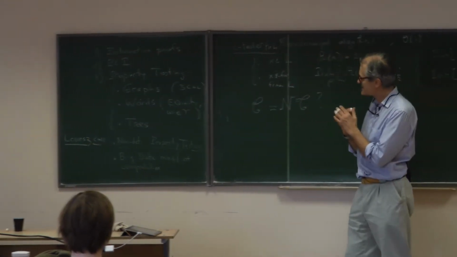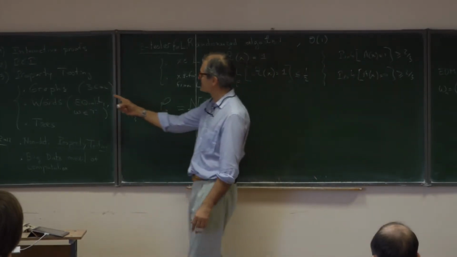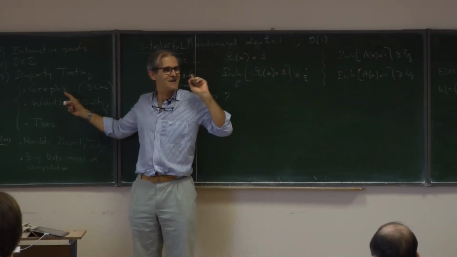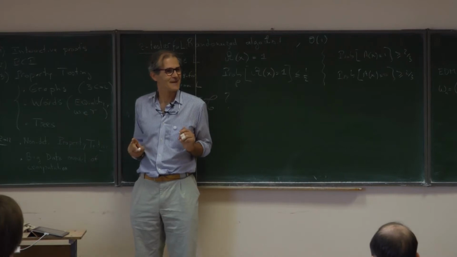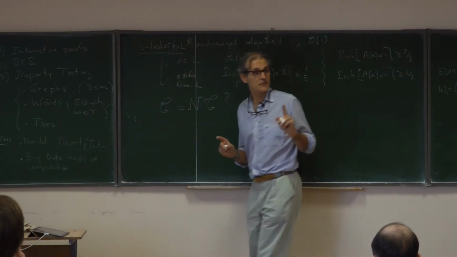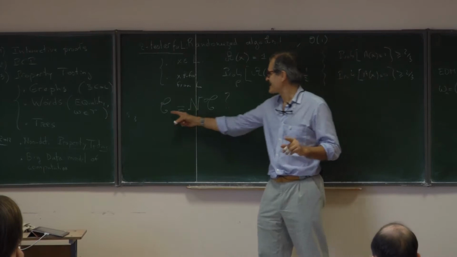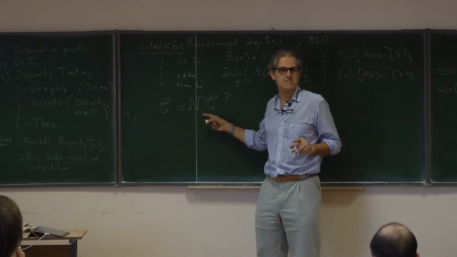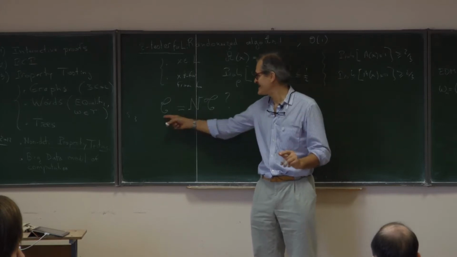Actually, what he did is that he introduced it in the context of graphs, and actually in the context of dense graphs. Okay? And he showed that for dense graphs, T equals NT. And then he showed that for sparse graphs, T is different from NT.